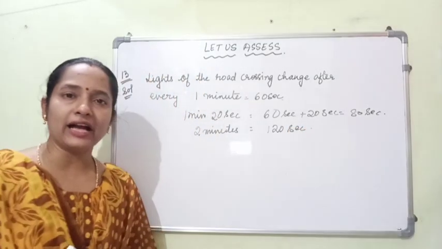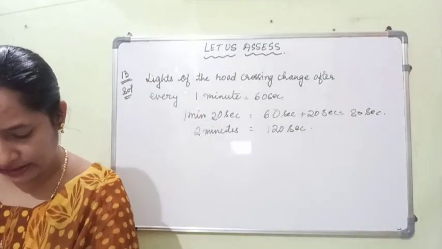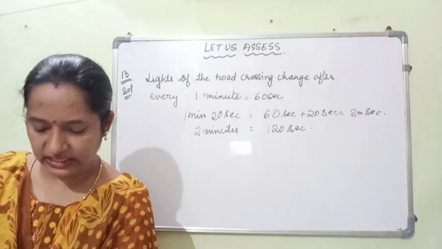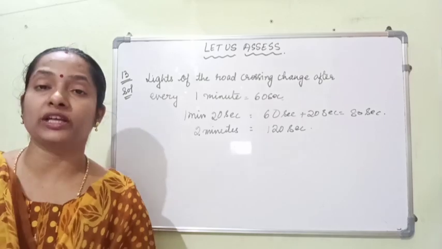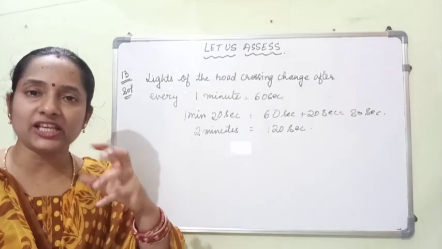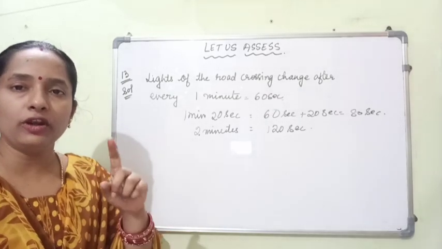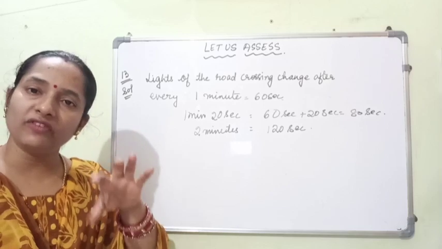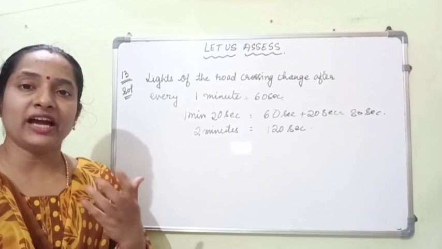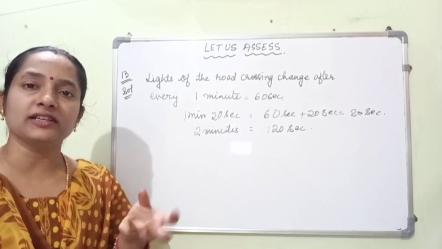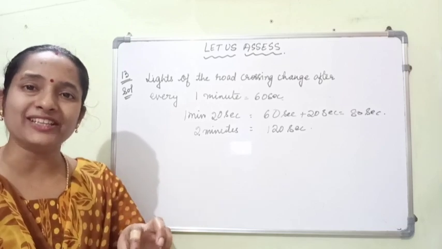So you are asked, if they change simultaneously at 12 noon, at what time will they change together again? We are here finding the occurrence of this event once again.